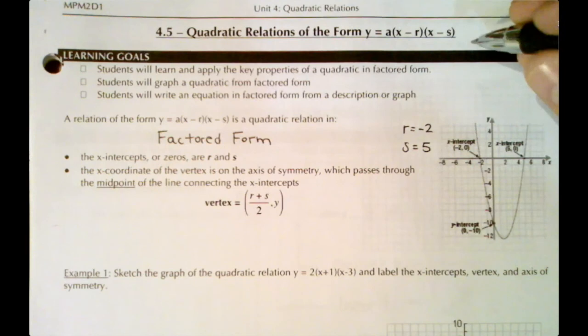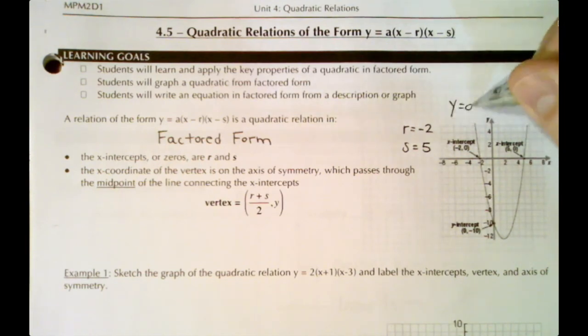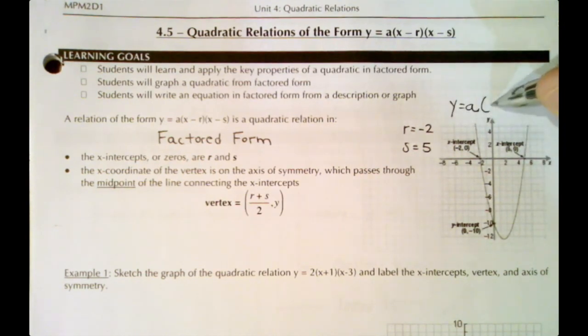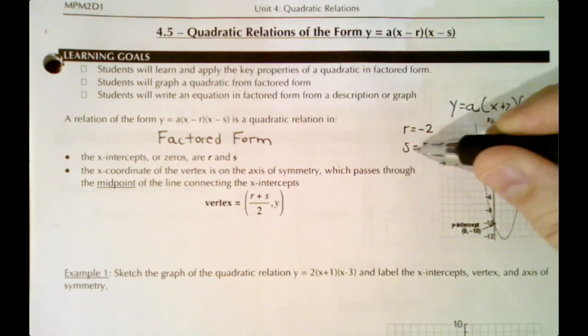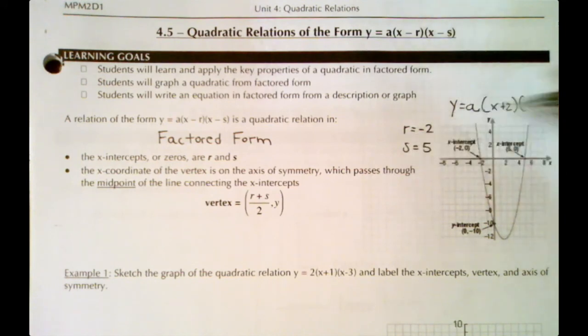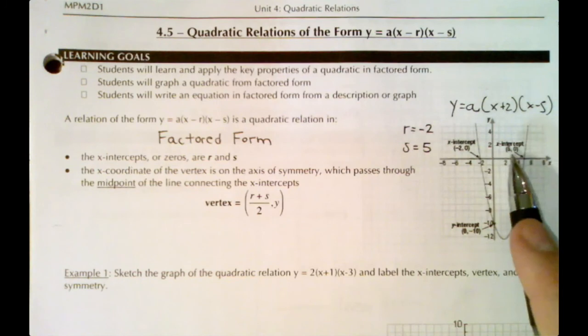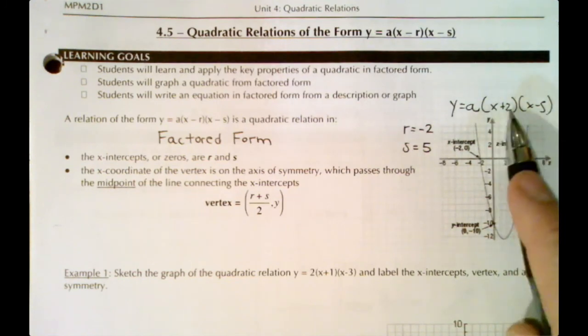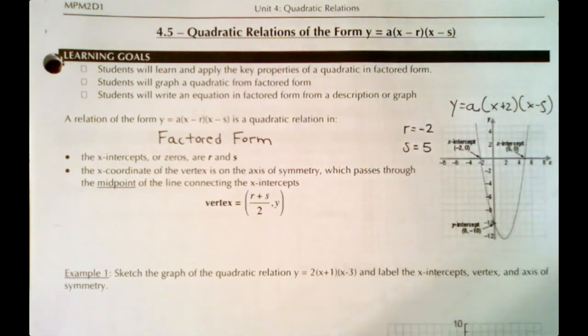So if I wanted to start writing an equation, I don't know what a is yet, but we know x minus r, x subtract -2 would be plus 2, and x minus 5. That's how the brackets would look. They're the same numbers with the opposite sign, much like h in vertex form.